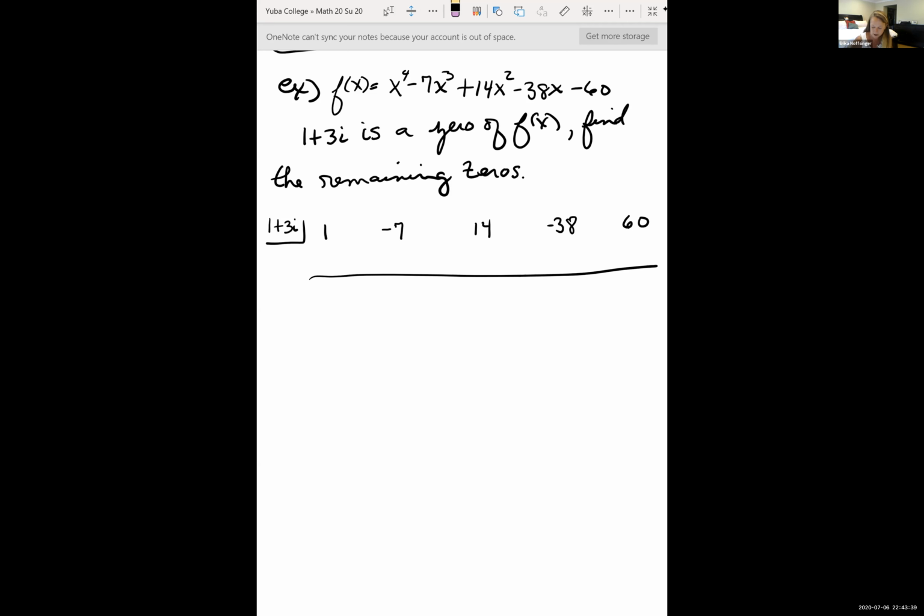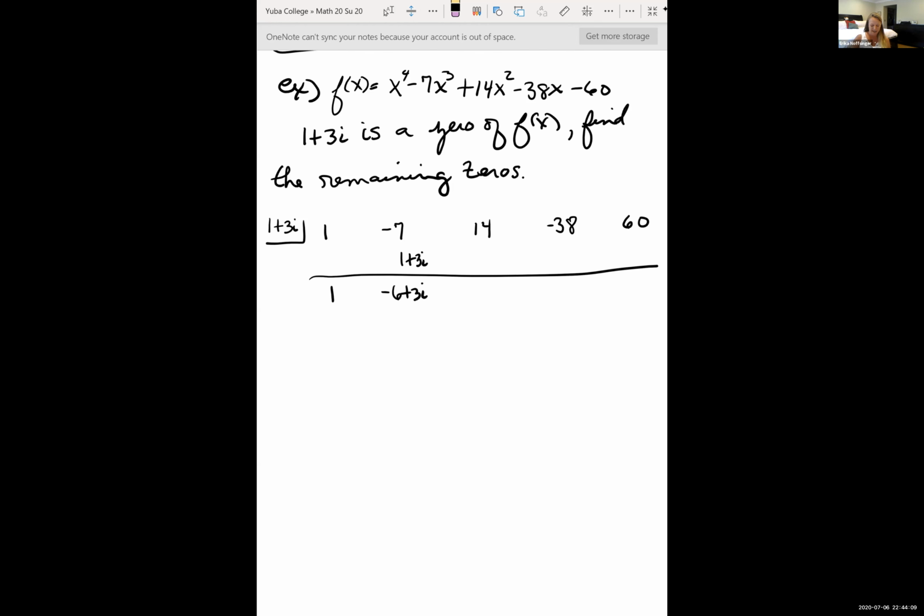Again, if I don't get 0 back here, I know something's wrong with my arithmetic. So let's bring down our first number, 1, multiply it by c. 1 times 1 plus 3i is 1 plus 3i. So this is where being able to add real and complex numbers together is helpful, which we've already talked about. So add the real parts together. -7 plus 1 is -6 plus 3i.